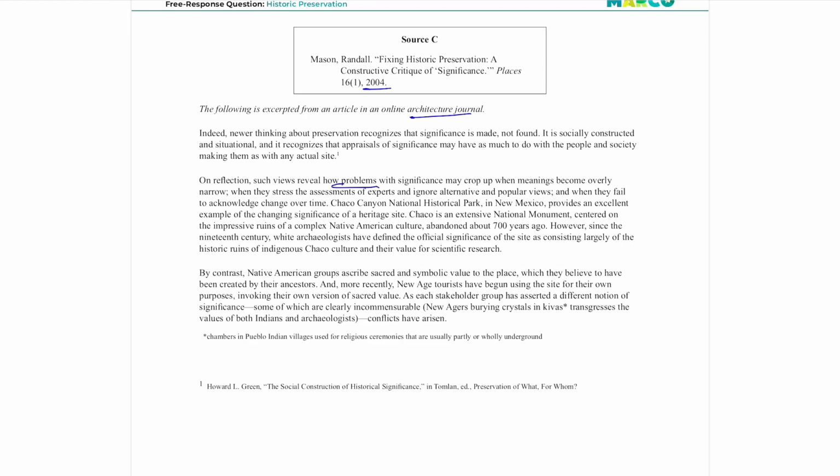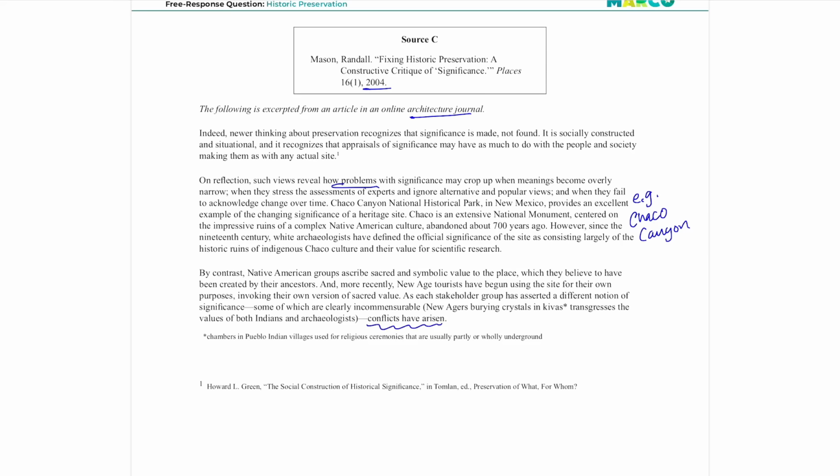He's talking about problems. So he uses the example of Chaco Canyon, which might be useful. So different groups are getting different values, different historical significance from this one site, but conflicts have arisen.